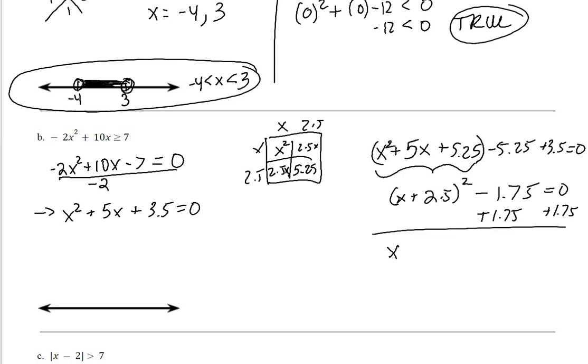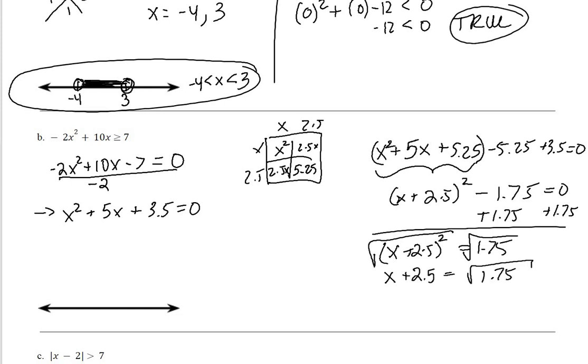That gets me x plus 2.5 quantity squared is equal to 1.75. I take the square root of both sides. I get x plus 2.5 equals plus or minus the square root of 1.75. And then I subtract 2.5 from both sides, and I get x is equal to 2.5 plus or minus the square root of 1.75.